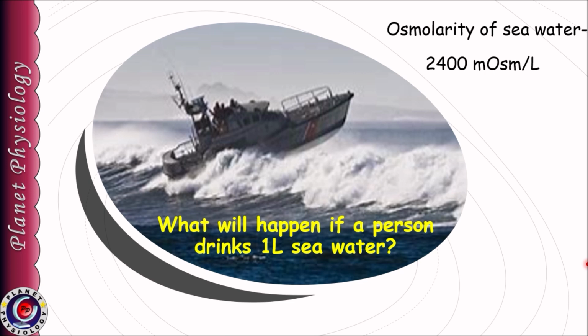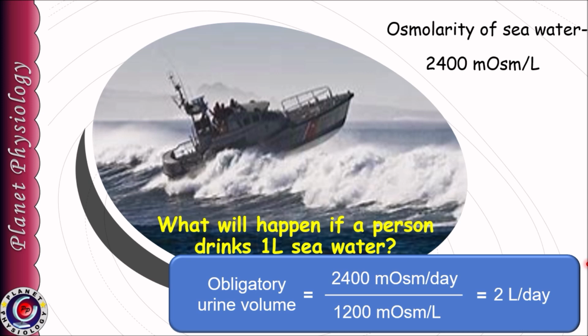Now he has to excrete all these extra solutes, that is 2400 milliosmoles in a day. His maximum urine concentrating ability is 1200 milliosmoles per liter. So his obligatory urine volume becomes 2 liters per day. That means there has to be formation of 2 liters of urine per day for every 1 liter of the seawater that is drunk. So finally this person will end up in severe dehydration.